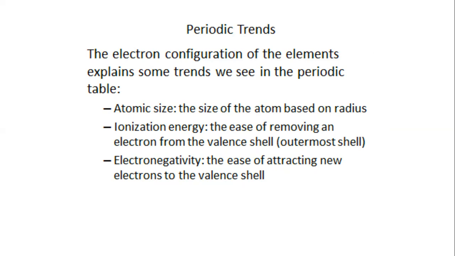And when we talk about bonding, that will come into play. So we're asking how much energy does it take to remove that last electron? And then we have electronegativity, and electronegativity is the ease of attracting a new electron to the valence shell. And this will all be put into some more context in our next lecture, as we talk about the sharing of electrons, and then also the gaining and loss of electrons. So electronegativity will be attracting.